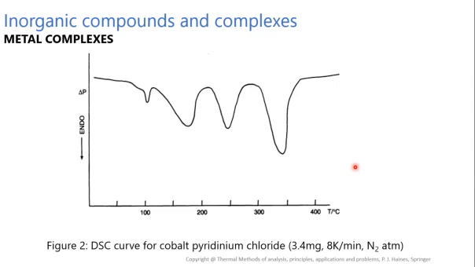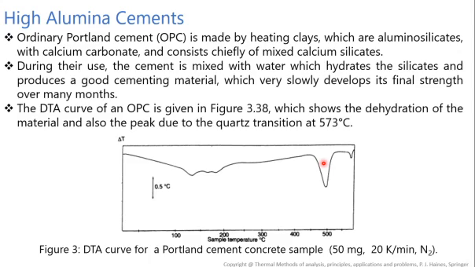So look at figure 2. This is 1, 2, 3, and 4. So these four different kinds of peaks are there, but the first does not correspond to any kind of mass loss. So these three losses correspond to the loss of pyridine as one third and two third amount of this pyridine, and hence we can get such kind of curve for the DSC.